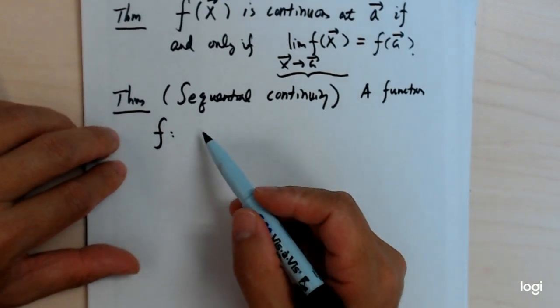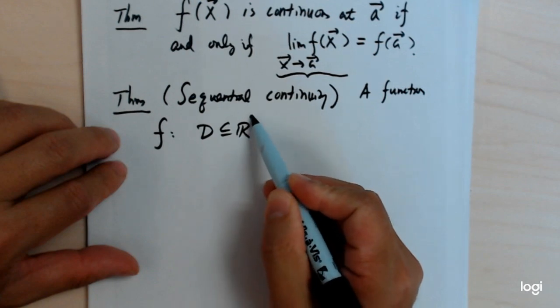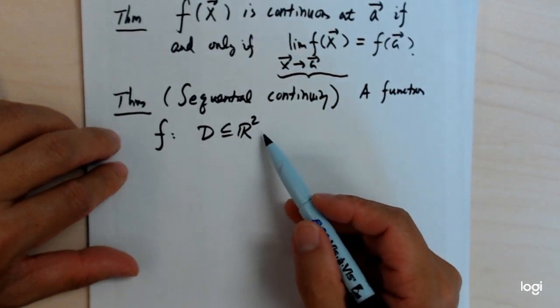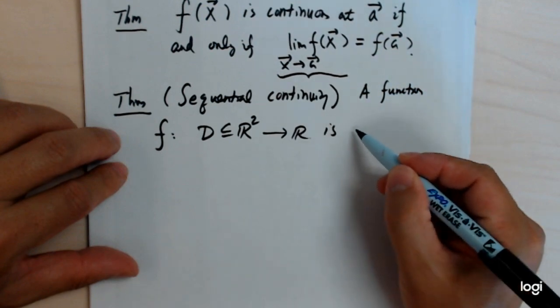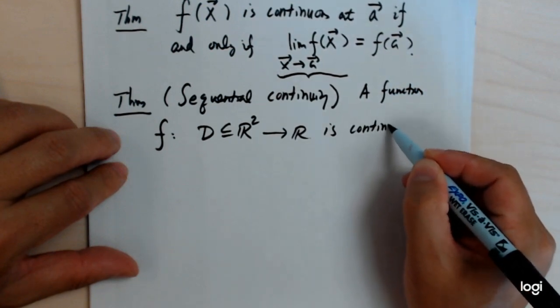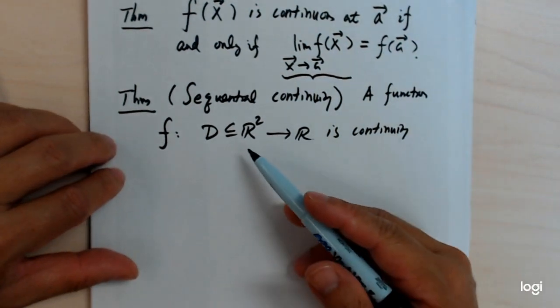Once again, let's refocus on functions of two variables. So that's the domain, which is in R2. It's the same story in higher dimension, but here we are talking about two dimensions.